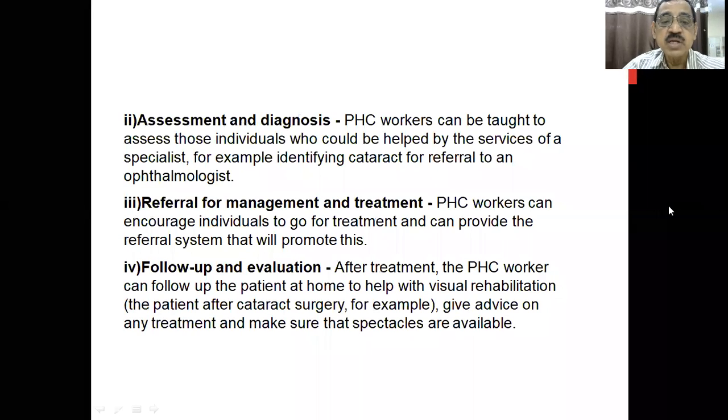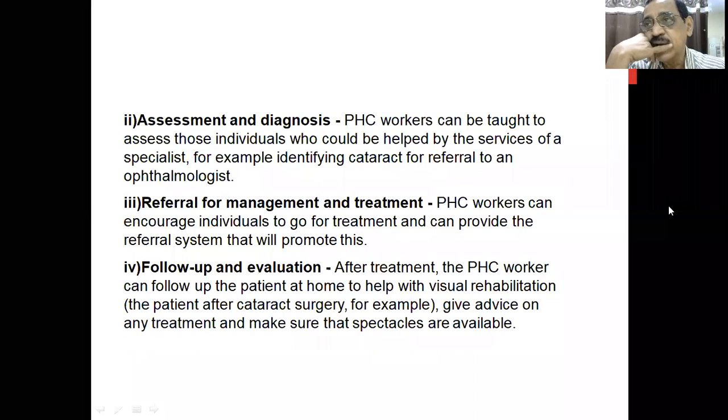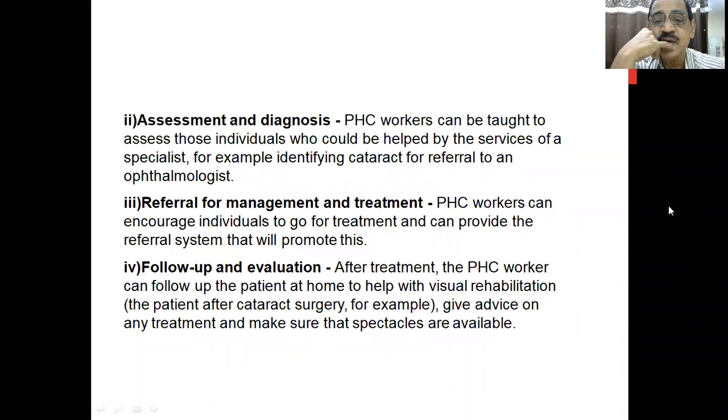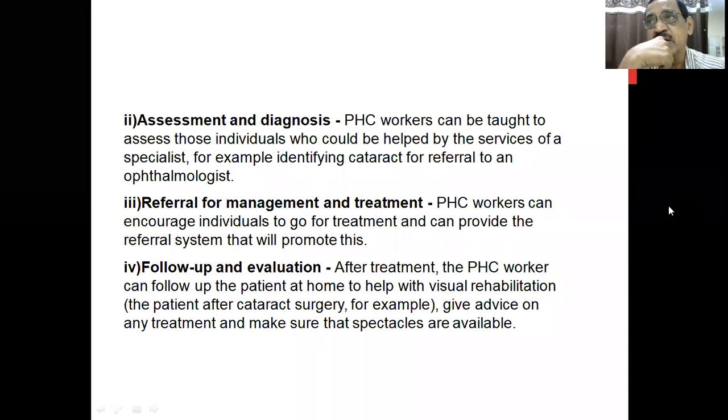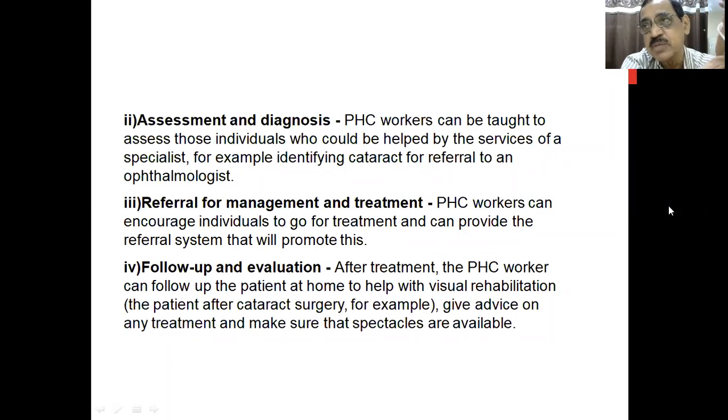Okay. So assessment and diagnosis of the children, or the adults, or the population which is coming with defective vision will have to be done by a primary healthcare worker. Normally, we have paramedical ophthalmic assistants or optometrists. These people are trained in the particular field, ophthalmology, for about 2 years after completion of their intermediate +2.